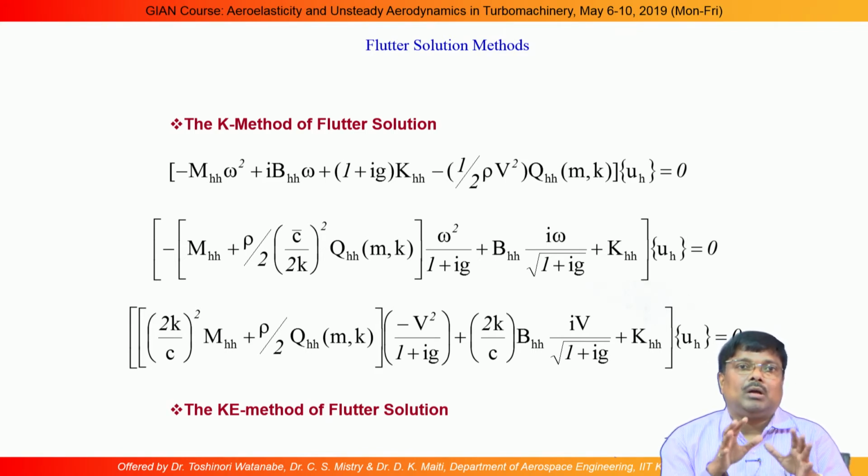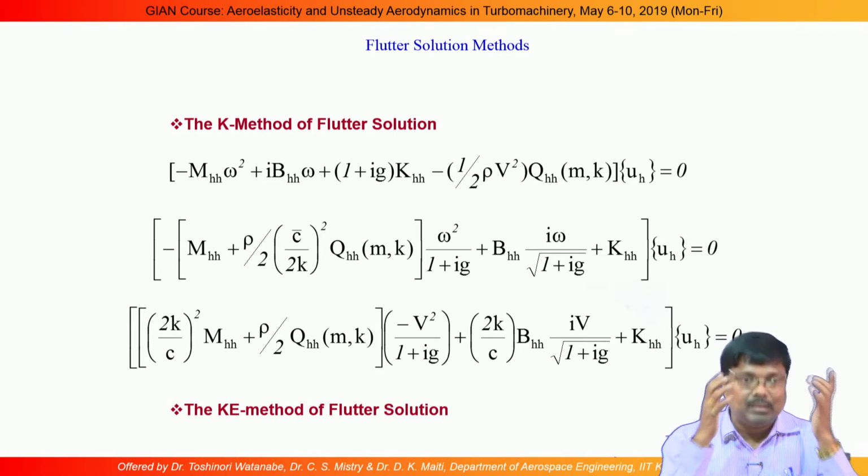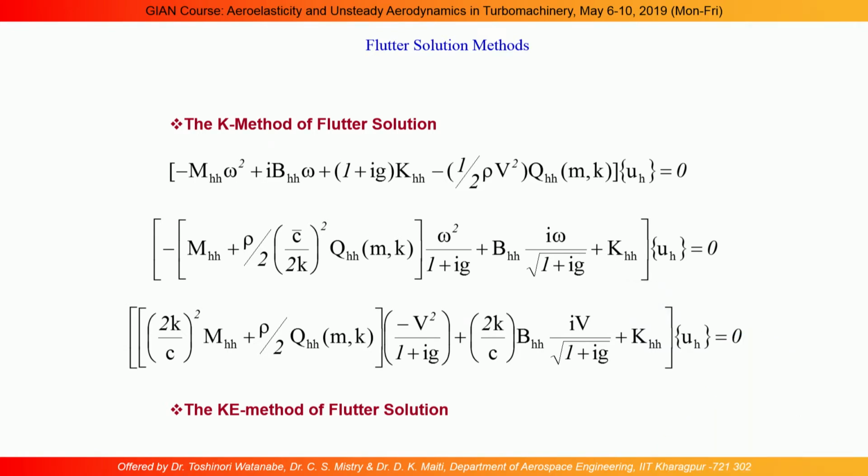But the K method problem is that we cannot physically explain what flutter is, because we are dividing into a real equation and an imaginary equation, taking the imaginary part out, and solving separately to find the roots.